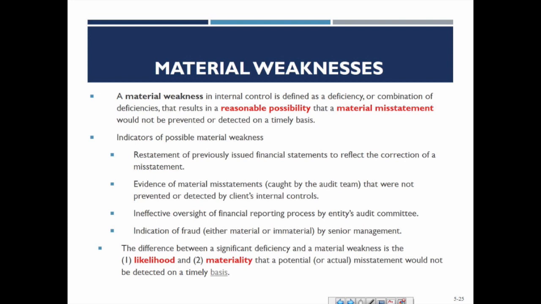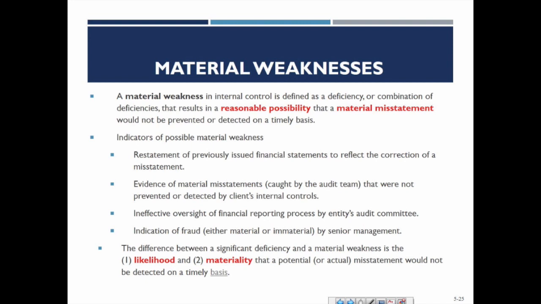And again, reasonable possibility suggests that there's judgment involved. It's the auditor's judgment, how they evaluate the impact of this control deficiency. All those things that I talked about in the previous chart, right? How they examine or how they conclude on the factors that gave rise to this material weakness.